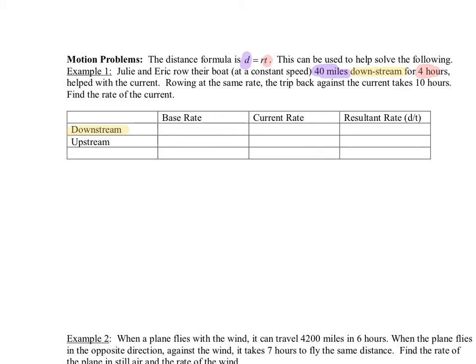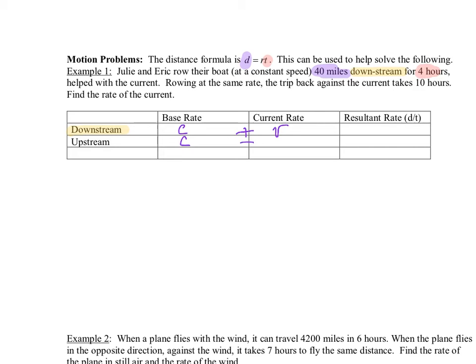For the downstream, my constant speed is the base rate, plus, since it's downstream, it's getting pushed, so we add the current rate.